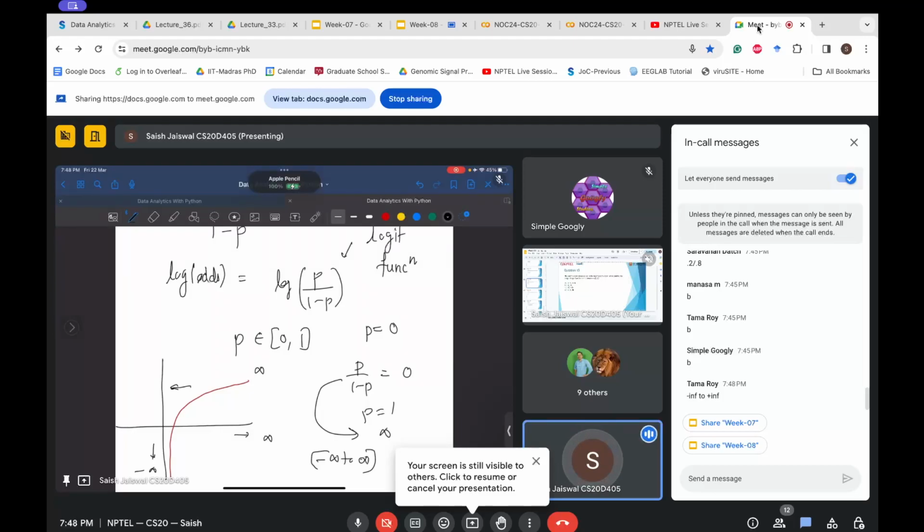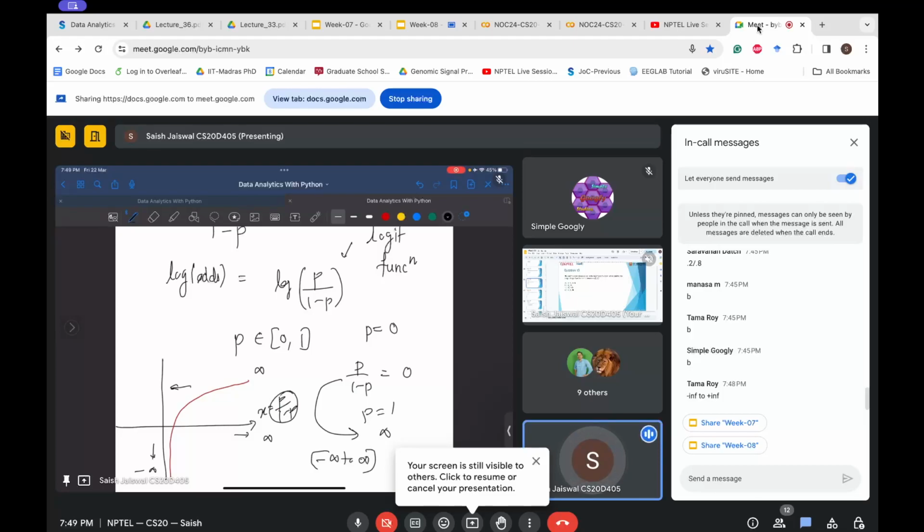I hope this is clear to everyone. Log of 0 tends to negative infinity, like as the x over here. So x in this case is nothing but p upon 1 minus p.